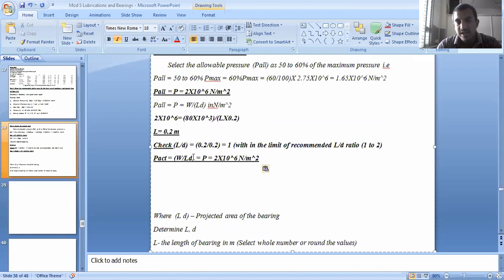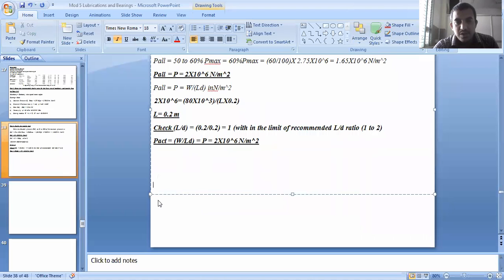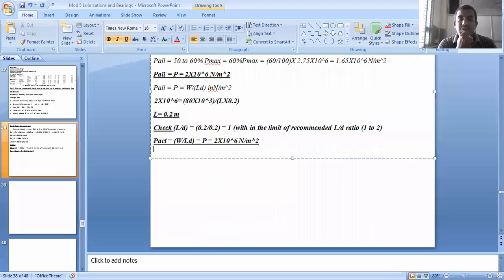W is constant, D is also constant, L is the only variable. Here we will not go for round off of that value. We'll take it as it is from the formula. Then the actual pressure P is equal to 2 into 10 to the power of 6 Newton per meter square. Wherever the P value comes, that is the bearing pressure. Now we'll go for use if it meets the magnitude, that is 2 into 10 to the power of 6. Clear?